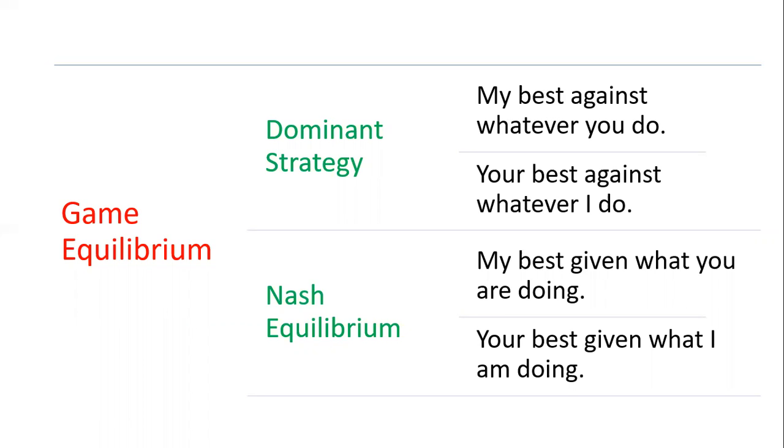Now both players know what the opponent played. Now just ask a question to both players: would you now like to change your move? If any player answers yes, then this point does not represent Nash equilibrium. If both players say no, I'm okay with my choice given I have seen the choice of the other player, then this represents Nash equilibrium.